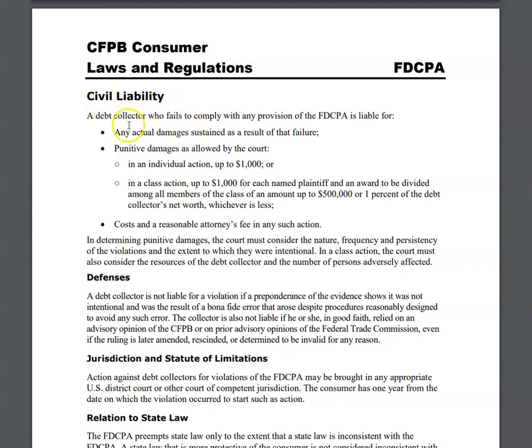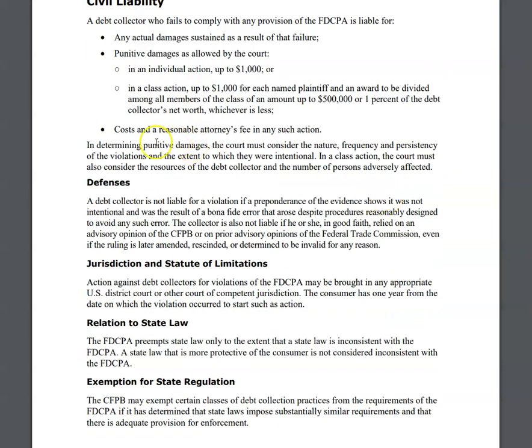Civil liability. A debt collector who fails to comply with any provision under the FDCPA, Fair Debt Collection Practices Act, is liable for actual damages sustained as a result of that failure, punitive damages as allowed by the court in an individual action up to $1,000, or in a class action up to $1,000, and it could be even more than that, plus the cost of a reasonable attorney's fee in such action.